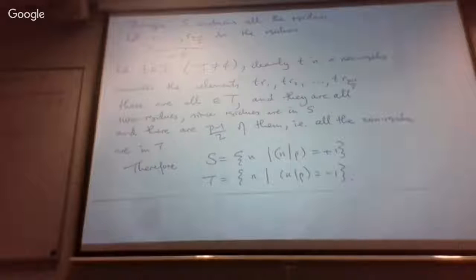So in the tutorials this week, I'd like to look at some of the questions that we haven't done. Question 3 I've done all the parts of in the lectures. So question 2, on summations involving the Legendre symbol.